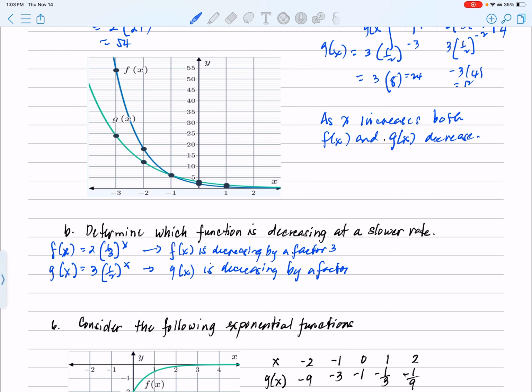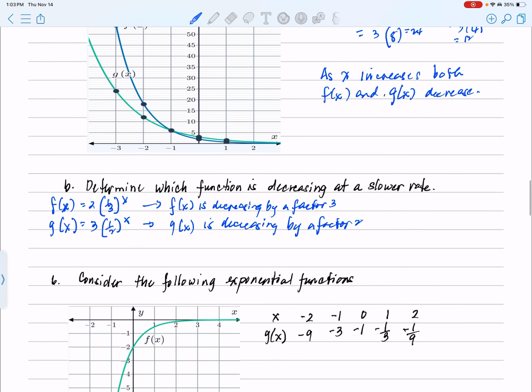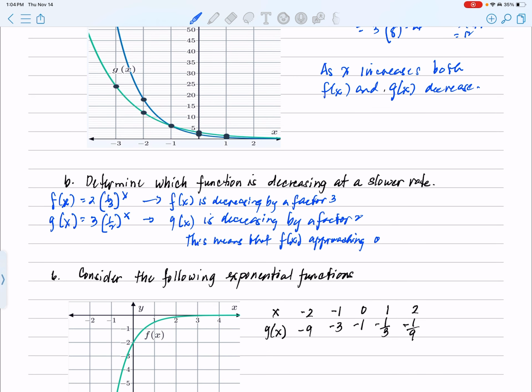This means, what does it mean? f of x is approaching 0 faster than g of x.